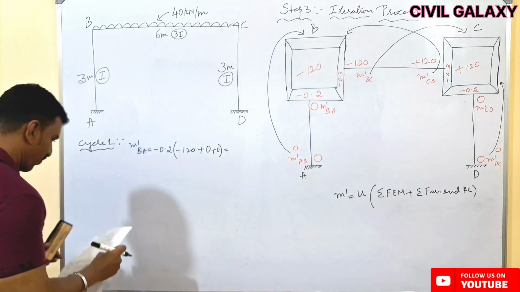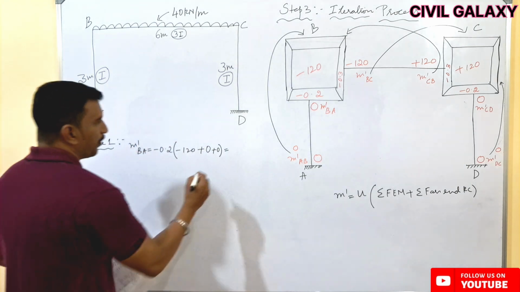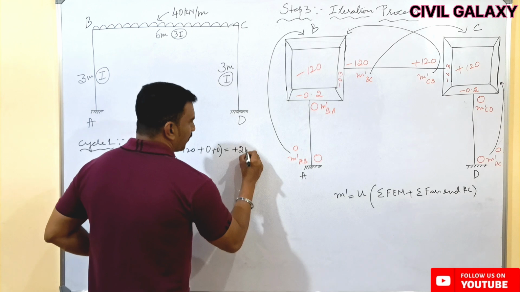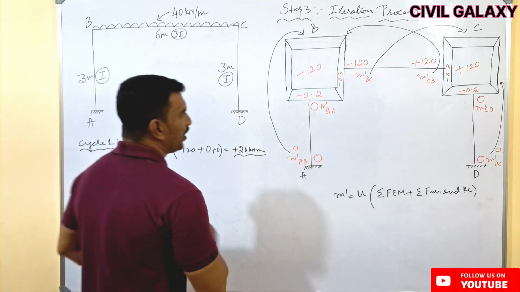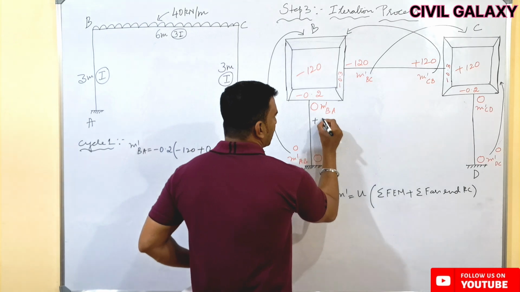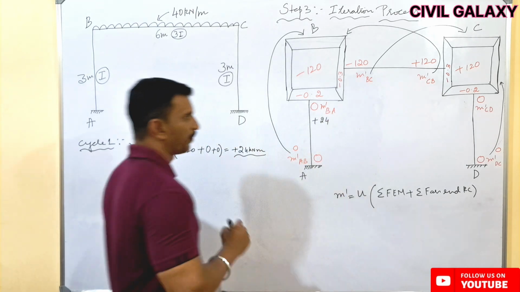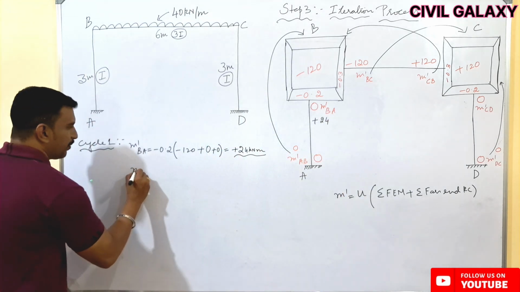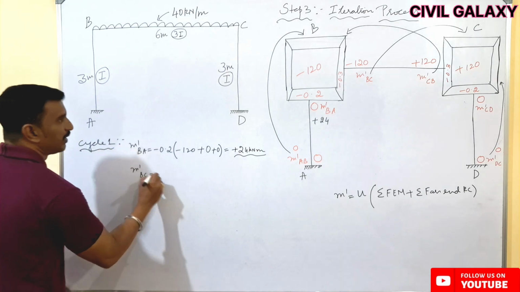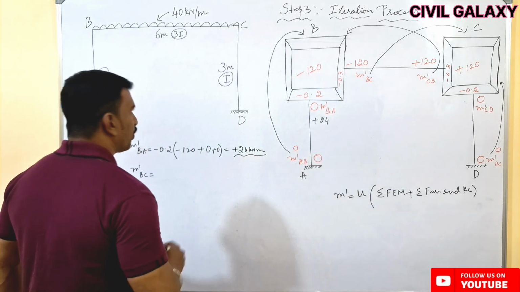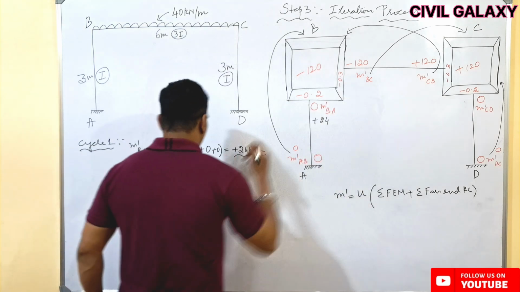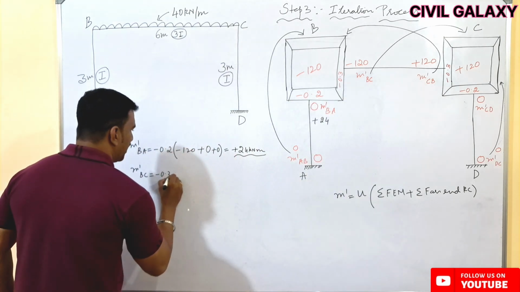So we are getting a value of plus 24 kilonewton meter. So this is the value. This value we need to write over here, that is plus 24. Now m dash BC, we need to find out the rotation contribution. Here we consider the rotation factor, which is minus 0.3.